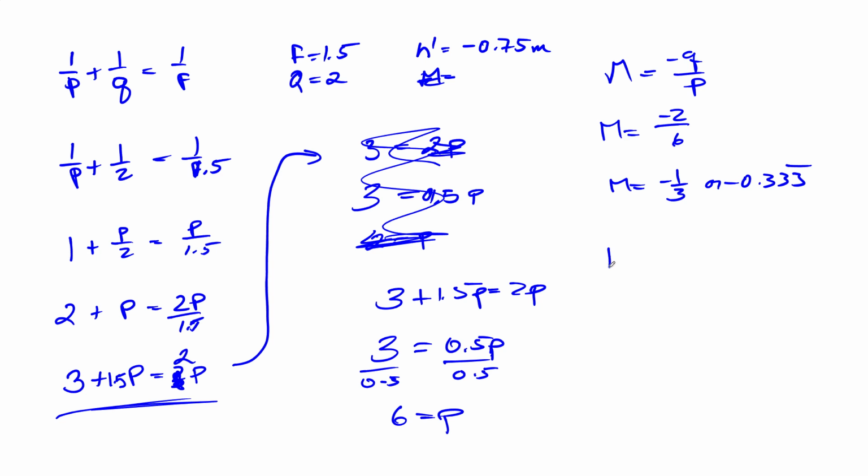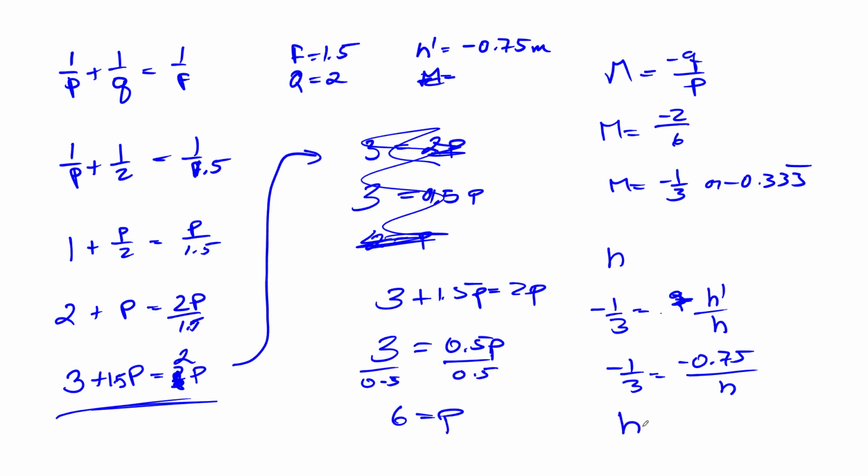Now we need to know what H, the height, is. If magnification is minus 1 over 3, that's equal to H prime over H. H prime is a negative 0.75, and this is over H. So multiply both sides by H, and then multiply both sides by negative 3.